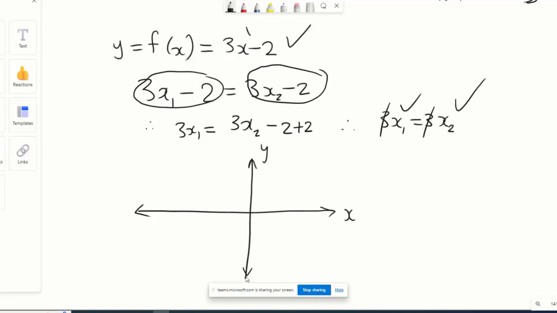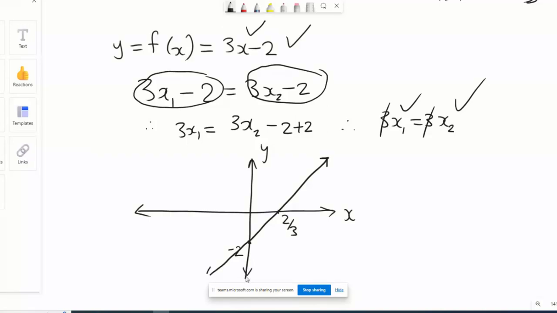It has a y-intercept of minus 2, so it cuts the y-axis at minus 2. If x is 0, y is minus 2. If y is 0, x is 2 over 3. Put y as 0, guys, then you will see that x is 2 over 3. And that line has a positive slope, so it goes something like this.